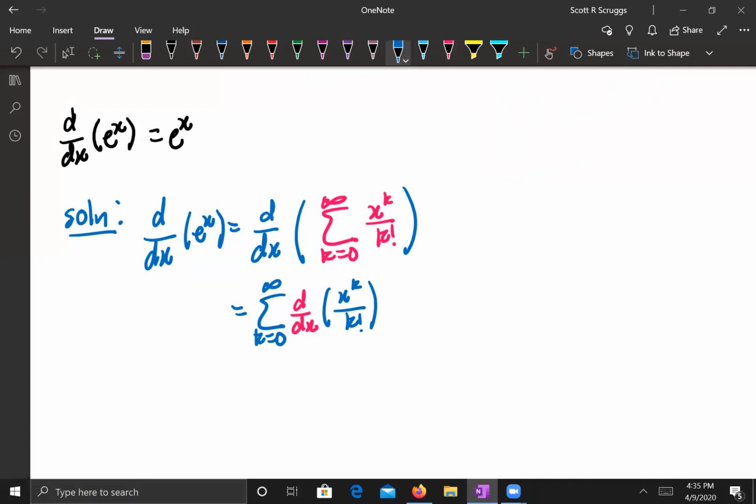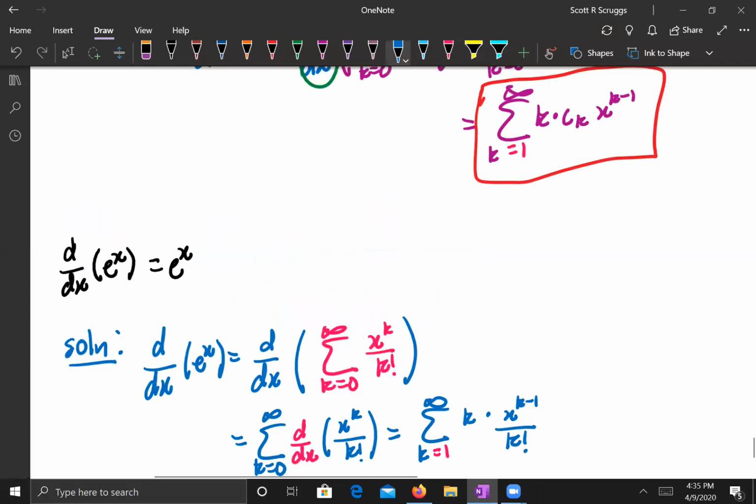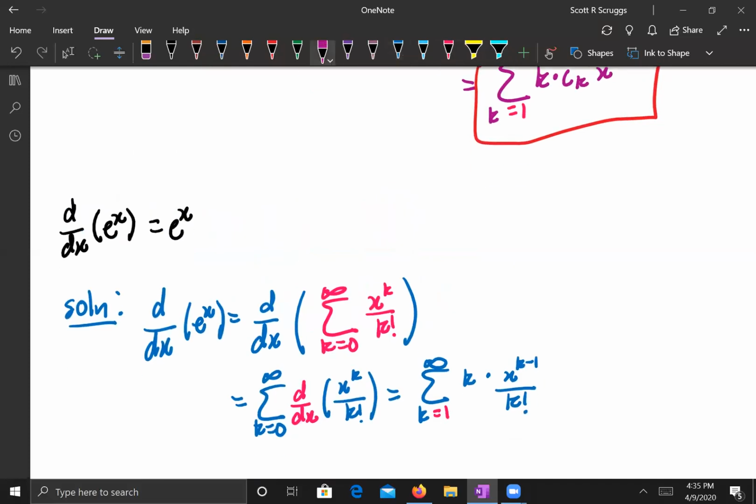So by my property above, I can rewrite this as the sum k starting at 1 to infinity of k times x^(k minus 1) over k factorial. And if you want to follow along with that formula or that pattern in purple, I see k here is the 1 over k factorial portion.